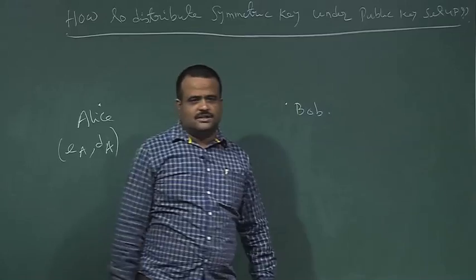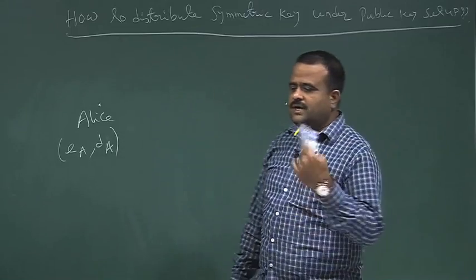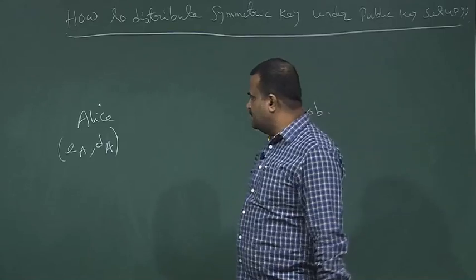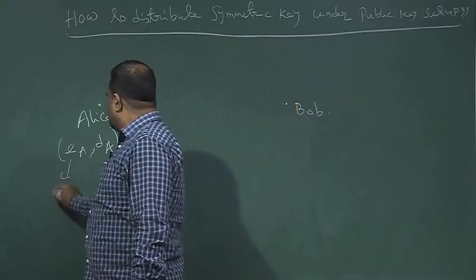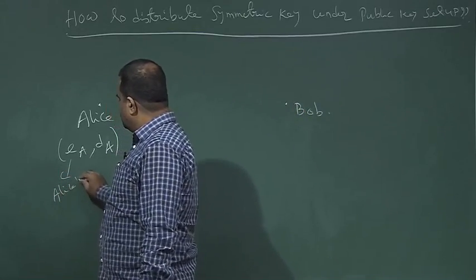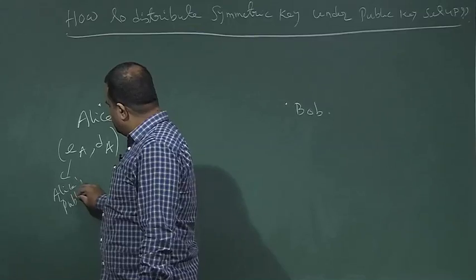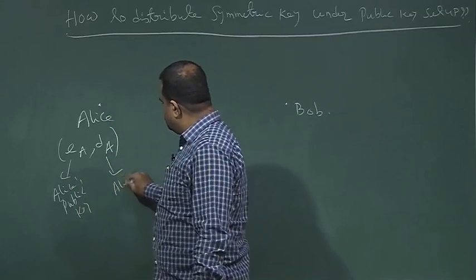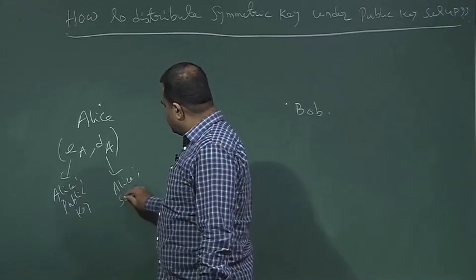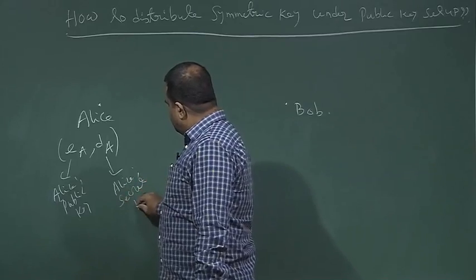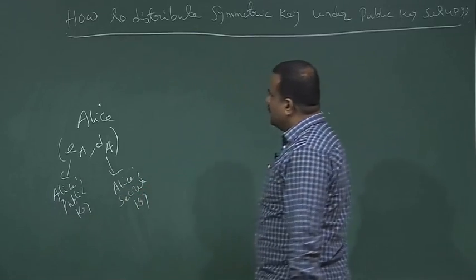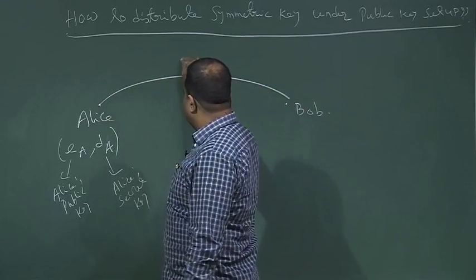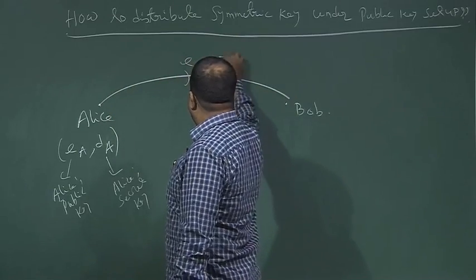So this key generation is run by Alice. This is Alice's public key, and this is Alice's secret key or private key. Now Alice will send her public key along with the ID of Alice to Bob.